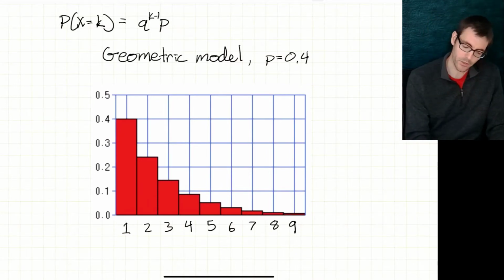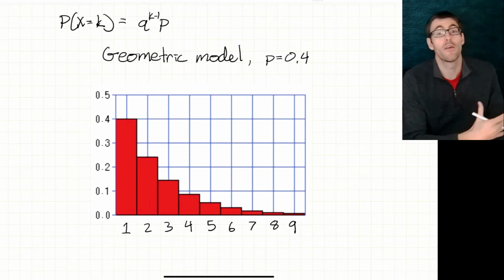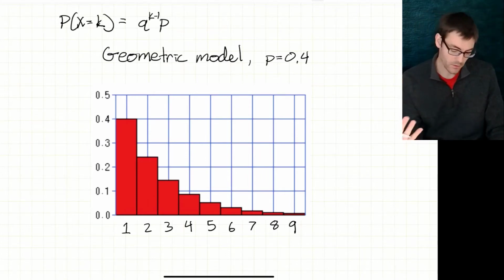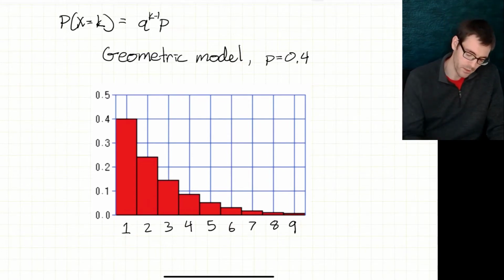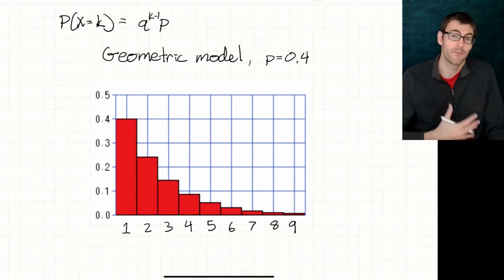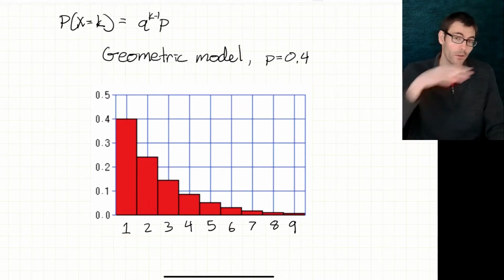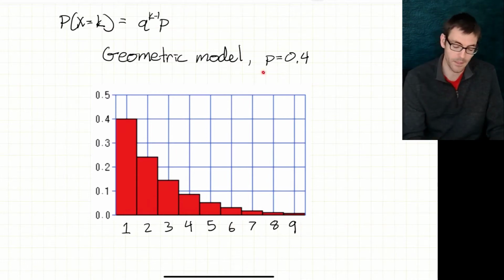Again, what we are measuring is the probability that the first success occurs at the first attempt, second attempt, etc. Just to do a quick sanity check, this bar is the probability that the first success occurs on the first attempt. That's just the probability of a success, which in this case is 0.4, and that checks out.